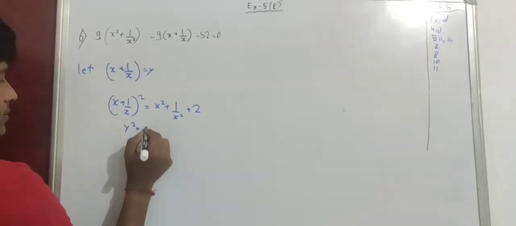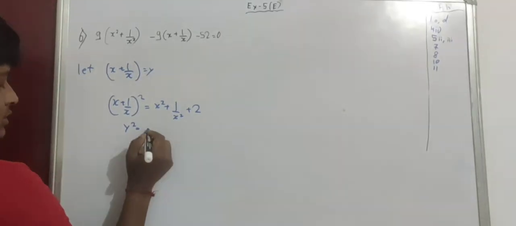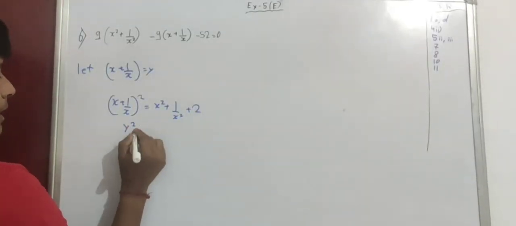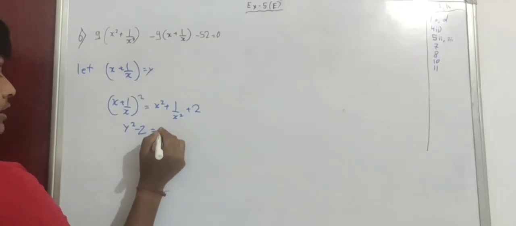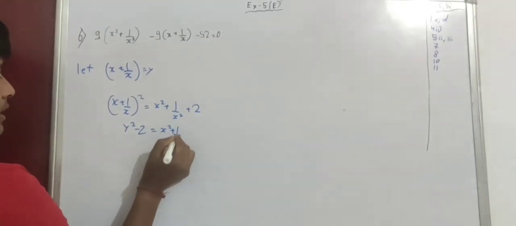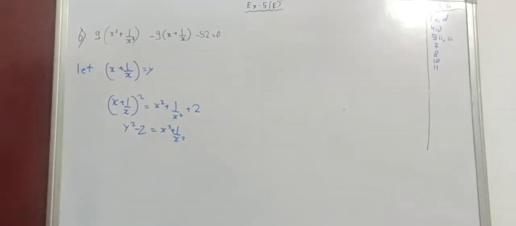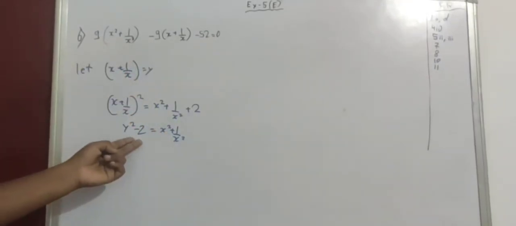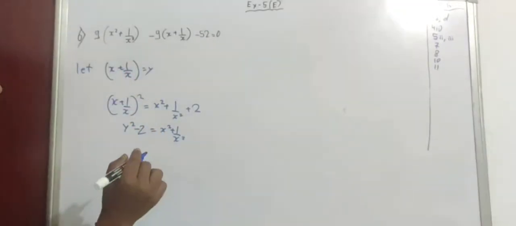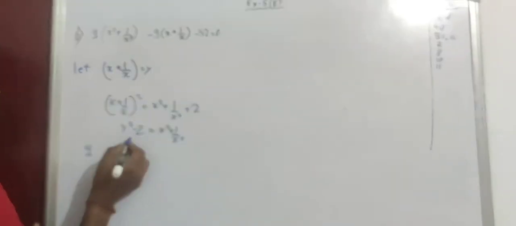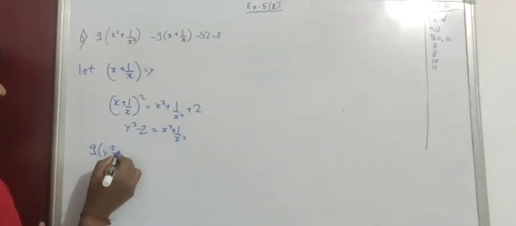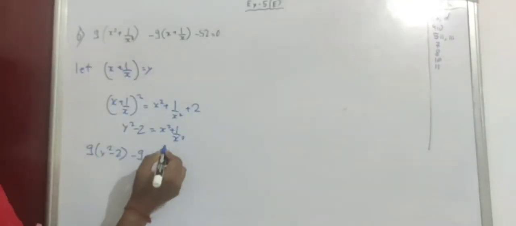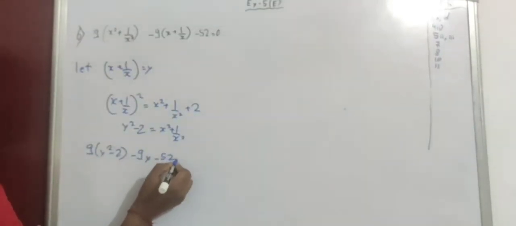So it will be y square minus 2 if we move it to this side, and you will get x square plus 1 by x square. So friends, you can see that we have got the value of x square plus 1 by x square as y square minus 2. Now put it into the equation and solve. So 9 into y square minus 2 minus 9y minus 52 is equal to 0.